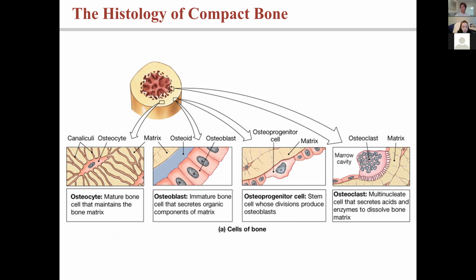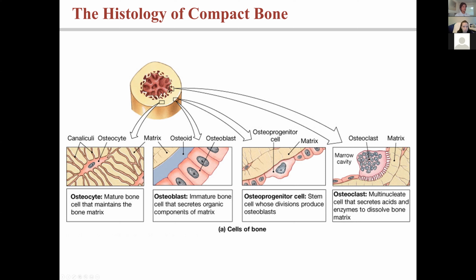Collagen is organic. Calcium phosphate is inorganic. Rule of thumb, what's organic? If it contains carbon, just as a quick rule of thumb, that's organic. Calcium phosphate does not contain carbon, right?